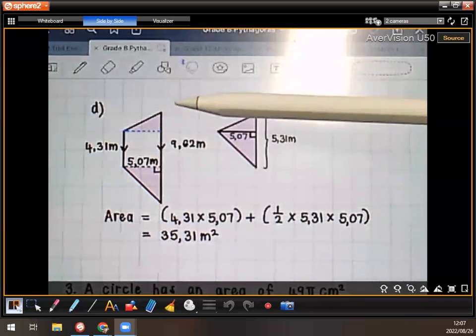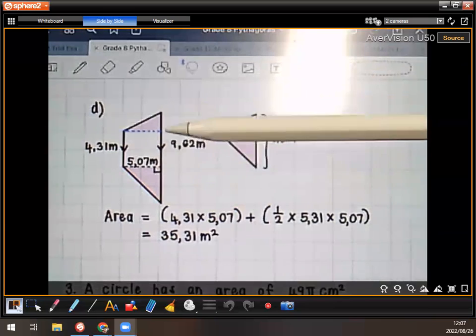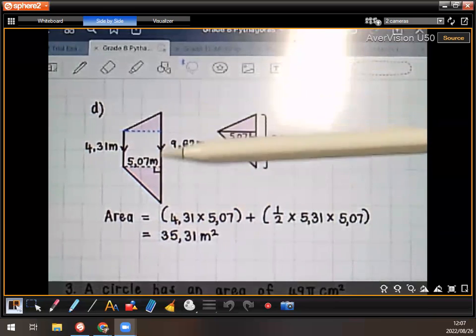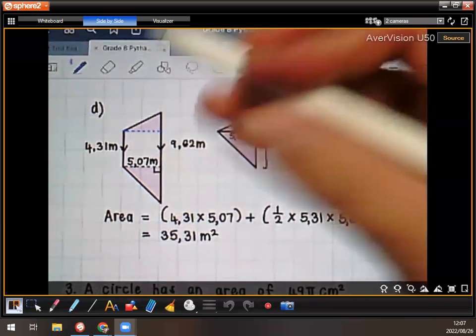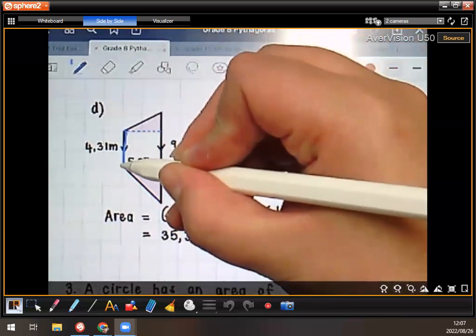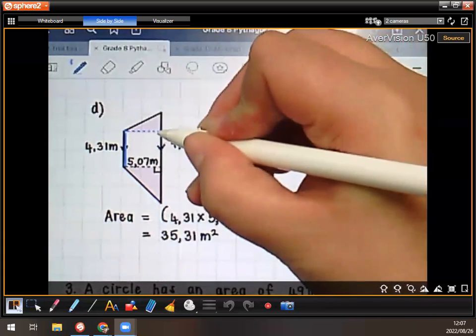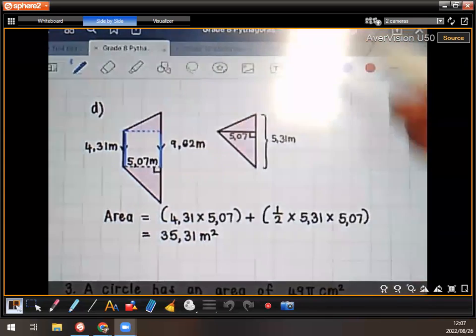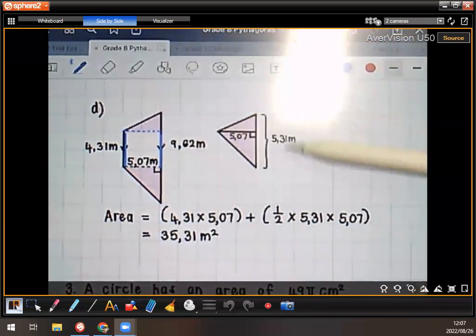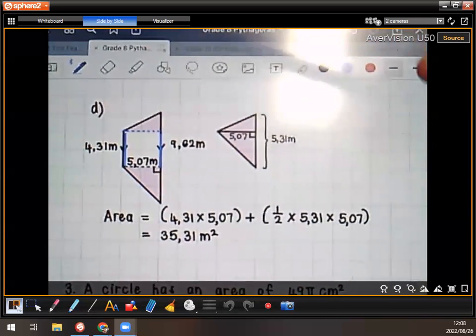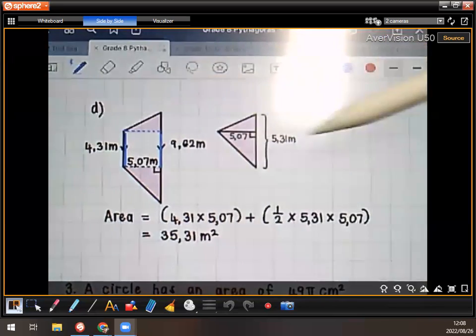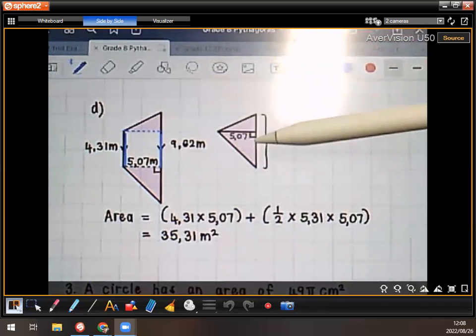Alright guys, so now this whole length was 9,62, right? Thank you, let's focus. This was the same length, 4,31. That is also 4,31. So that is why for the base of this triangle, when we're taking the 2 pink triangles and putting them together, right? Does my picture make sense? And took those 2 sections and put them together.